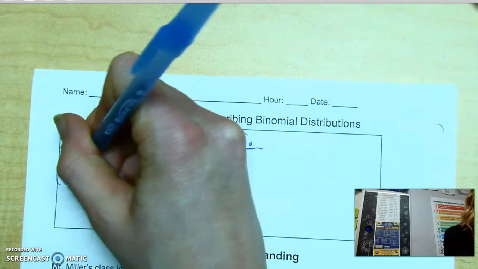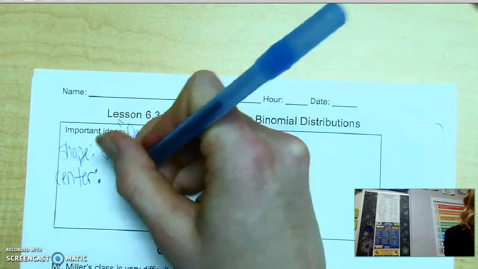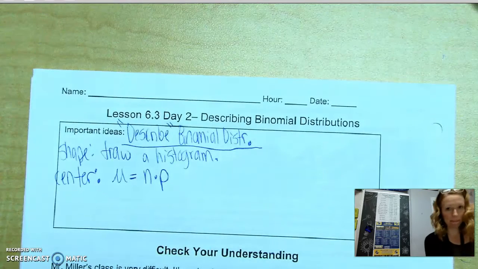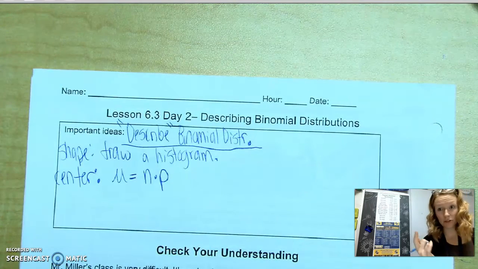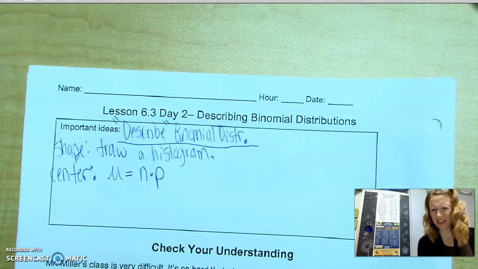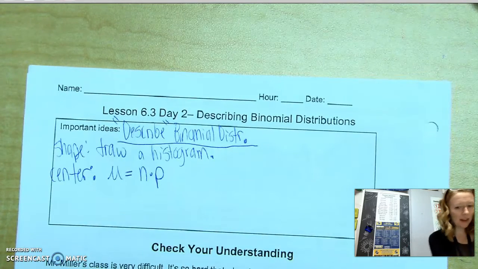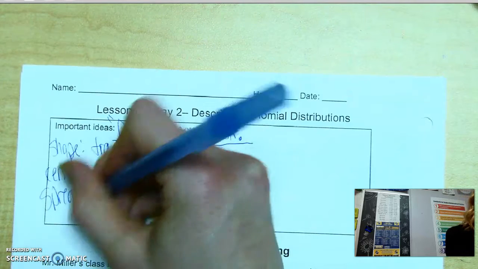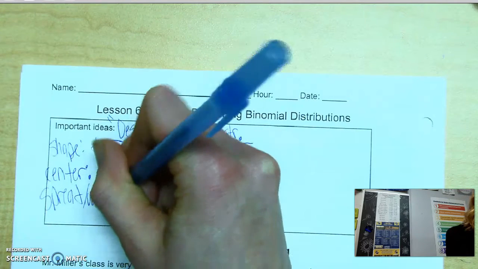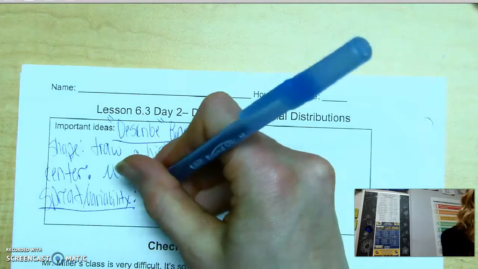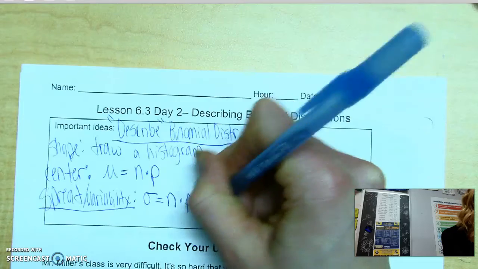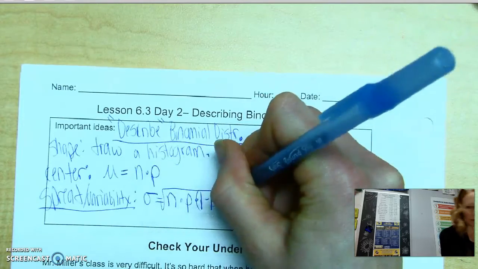In order to find your center, that formula, remember, it's easier to work with, is just n times p. That number of trials times the probability, sort of like an expected value, right? And then the spread, or the variability, is talking about the standard deviation, which we do n times p times 1 minus p, and then we take the square root, right?